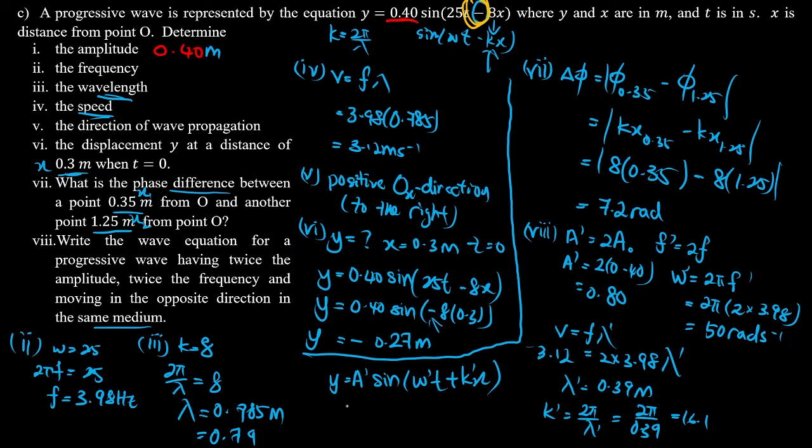Substitute your omega and A into this equation. So you will get y equals 0.80 sine of (50t plus 16.1x). So this is your answer. Okay, is it clear? That's it for this question.